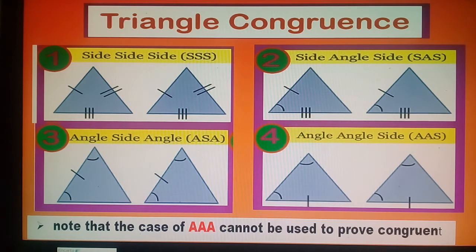I might also have an equilateral triangle with sides 10, 10, 10 that has equal angles, but they are not congruent, because congruent means two shapes must have the same size and the same shape. That is what we mean by congruence.